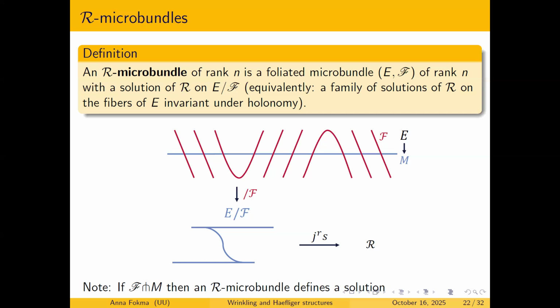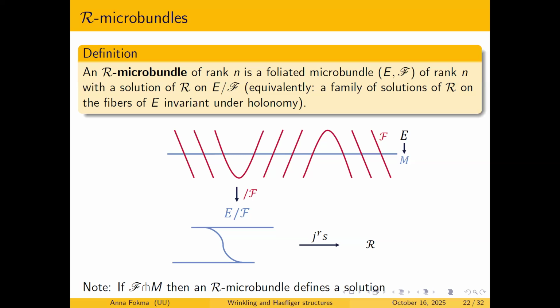You can make sense of this using the different variants of the relation. Maybe formally is not the right word, but officially you should think of it as a family of solutions.